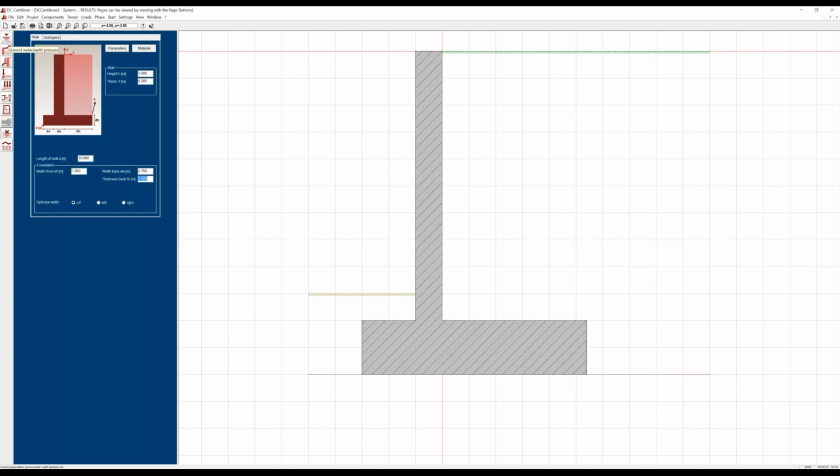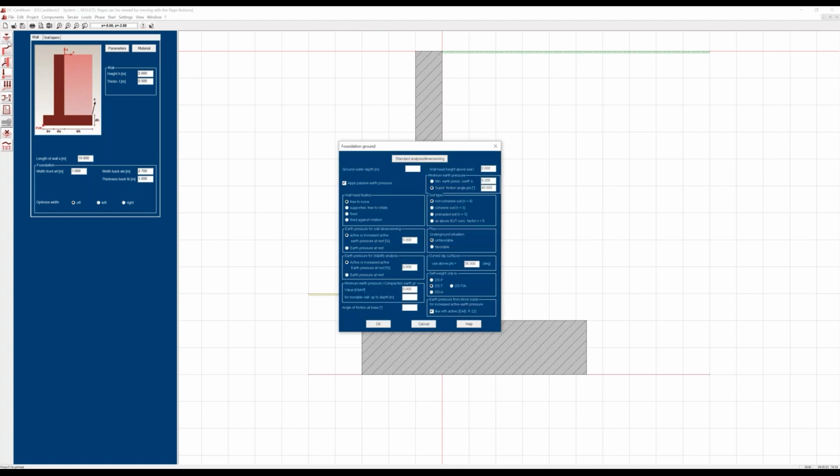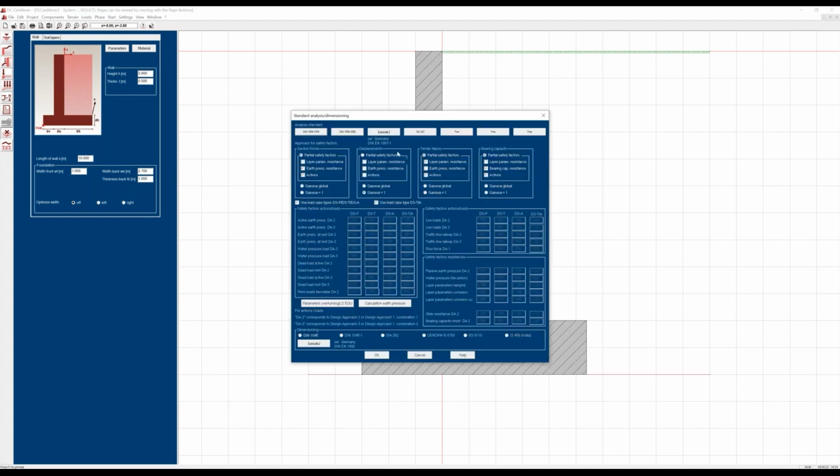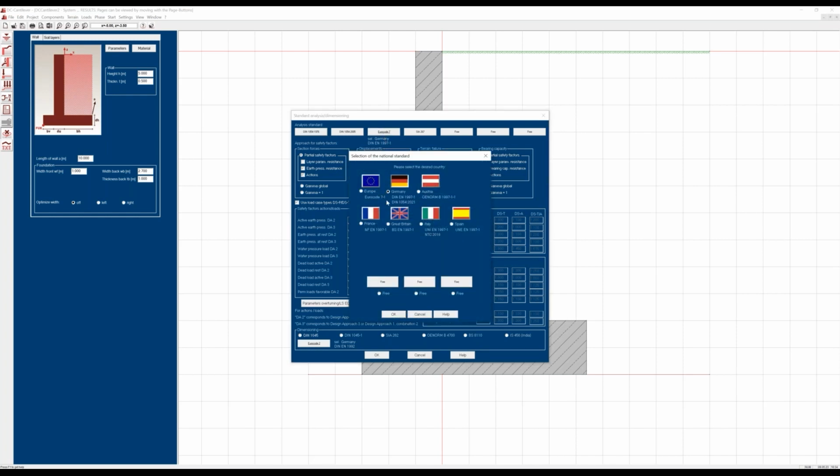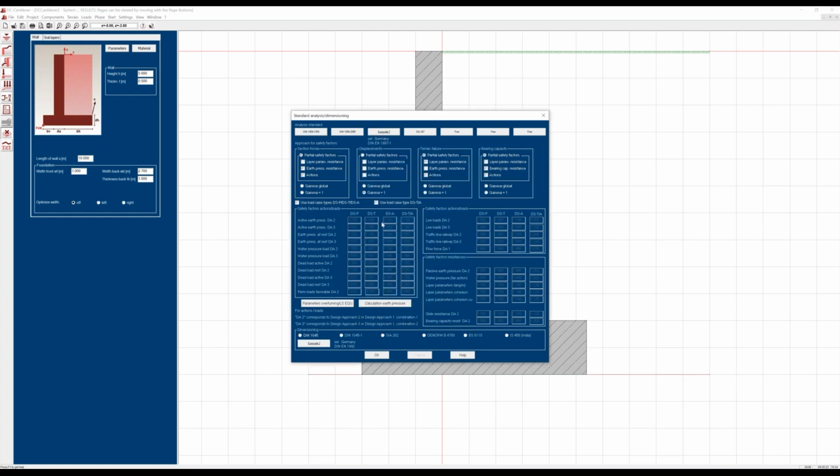And if I start with the basic parameters, we have again the selection of the analysis standard, where we can select Eurocode 7 for Germany or other countries. For the calculation of earth pressure in Germany, we have a local standard, so we don't use Eurocode 7 here.